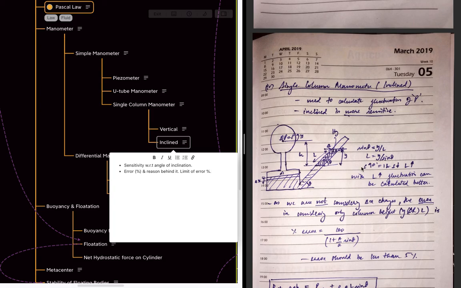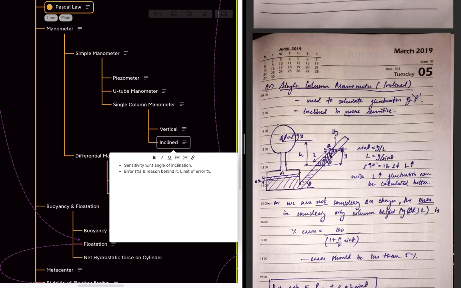As you know, the relation between this length L and the y length is L equals y over sine theta. That means at sine 90 it is equal to 1. If we have a smaller theta, the length will be higher. So the smaller the theta, the larger the length. So when there is a small fluctuation, even at that point, this length will be very high.